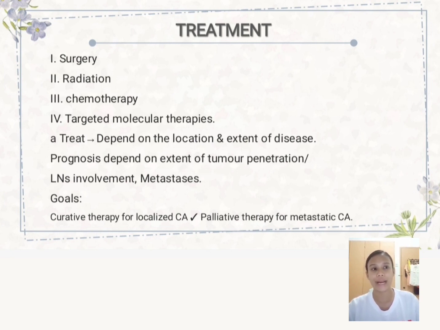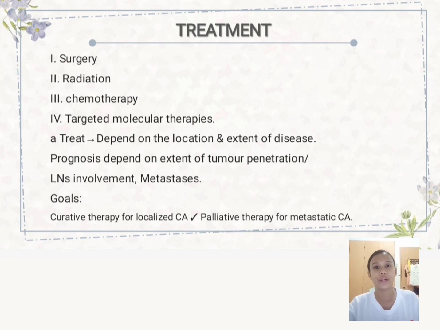Radiation therapy, on the other hand, uses high-energy rays to attack and destroy cancer cells. Radiation therapy is often used along with chemotherapy. Lastly, targeted molecular therapy is a type of personalized medical therapy designed to treat cancer by interrupting unique molecular abnormalities that drive cancer growth.